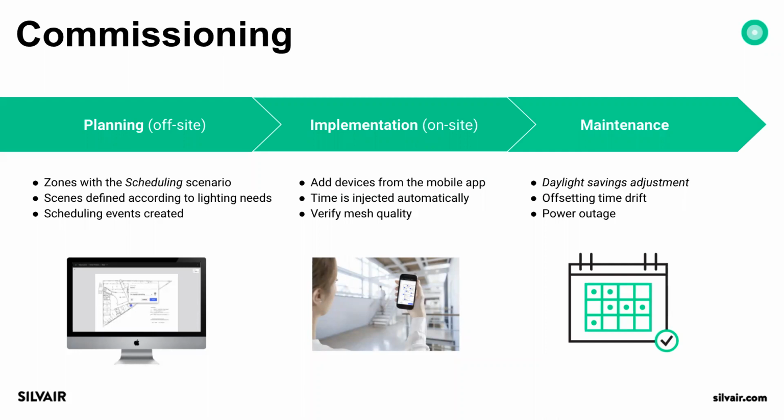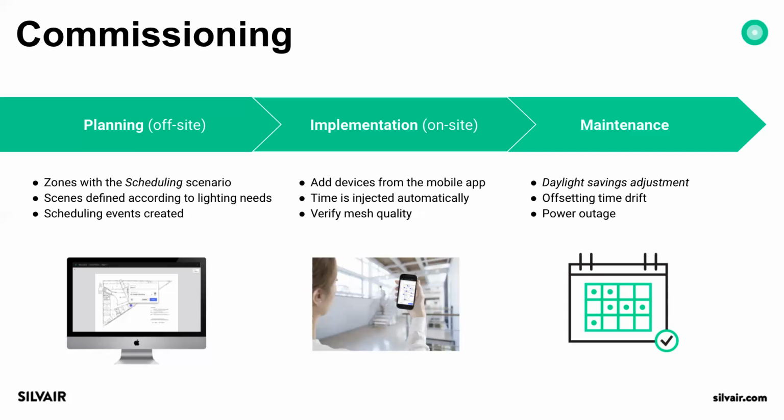As a third stage, let's call it maintenance. There may also be some situations where using the mobile app would be necessary. That is currently, because our current solution does not support automatic daylight savings adjustment twice a year, it would be needed to use the mobile app and time sync feature on site to synchronize the time in the network and adjust it to daylight savings time.